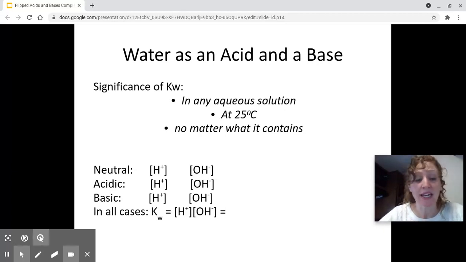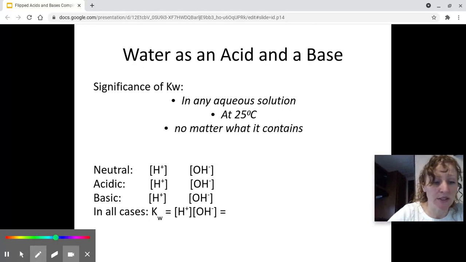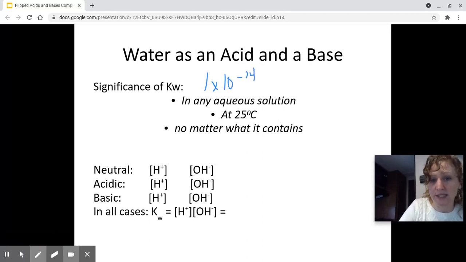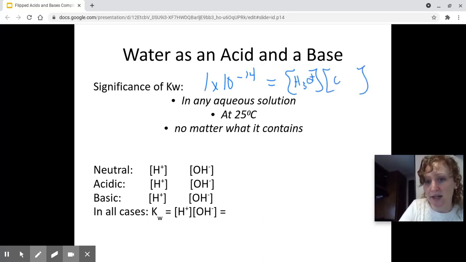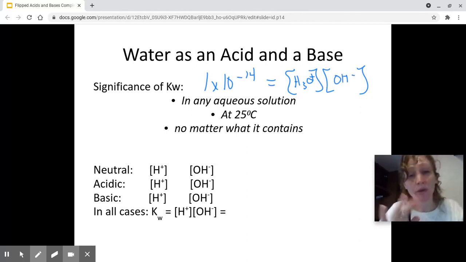Kw is going to be 1 times 10 to the negative 14 no matter what the equilibrium positions of your two ions are, right? Equilibrium positions can go up or down. The equilibrium constant stays the same, and that's true in this case also.